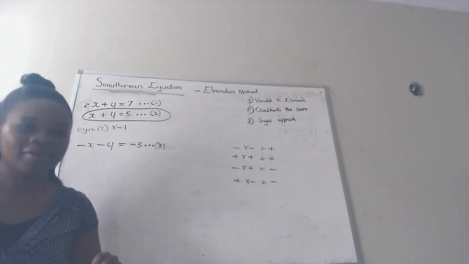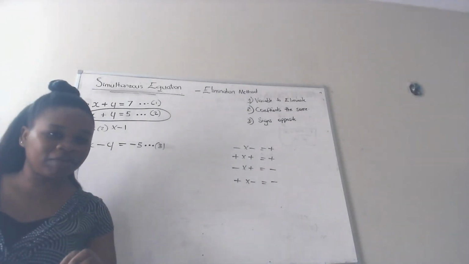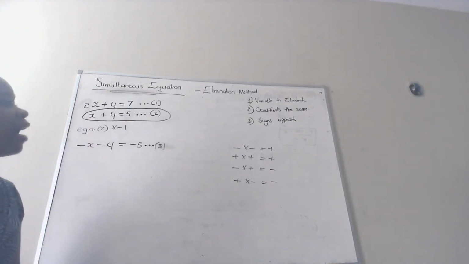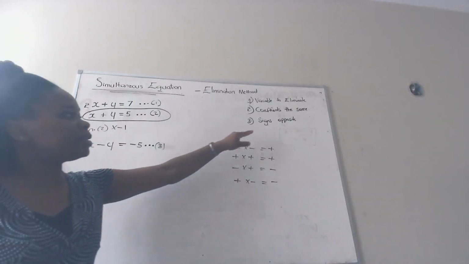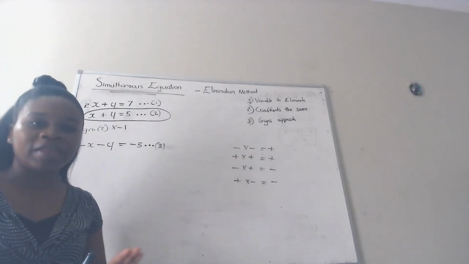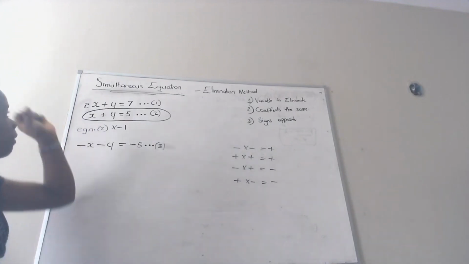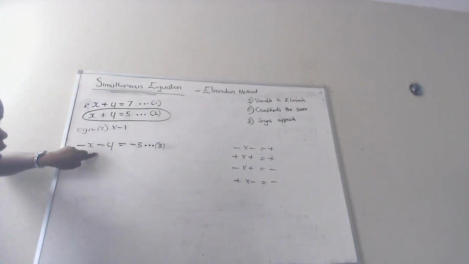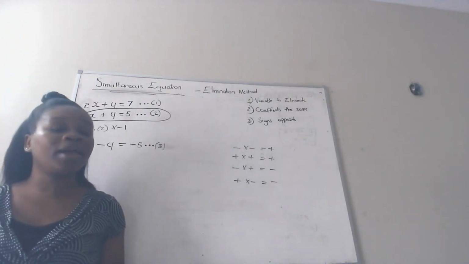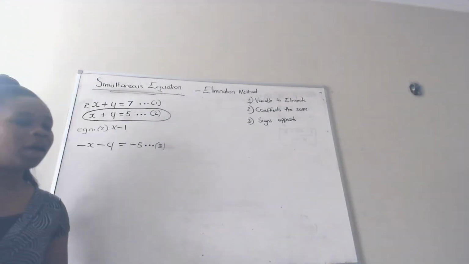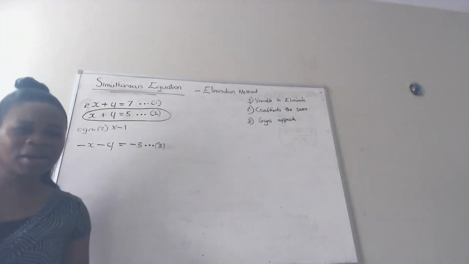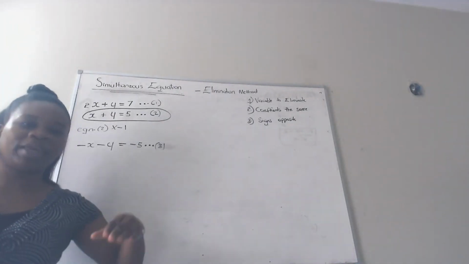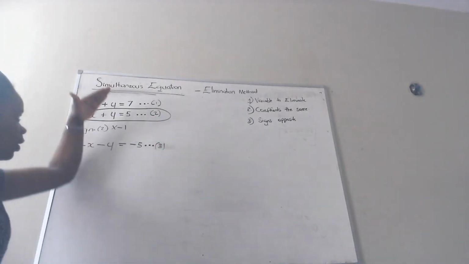Yes, they have an invisible 1 before them. And the last thing is, are the signs opposite or different? Yes, because in equation 1 there's a plus, and in equation 3 there's a minus. So it means we can go ahead and eliminate. How do we go about this? What we do is we add downwardly.